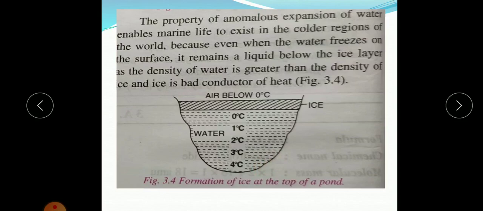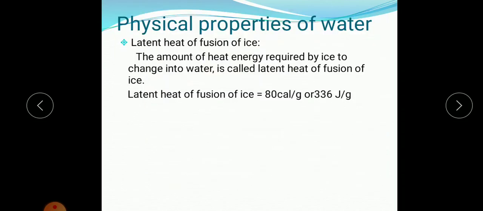That means at the top, if the water turns into ice also, the water below will remain as water, where the living organisms can survive. So the application of anomalous expansion of water is found in this case.